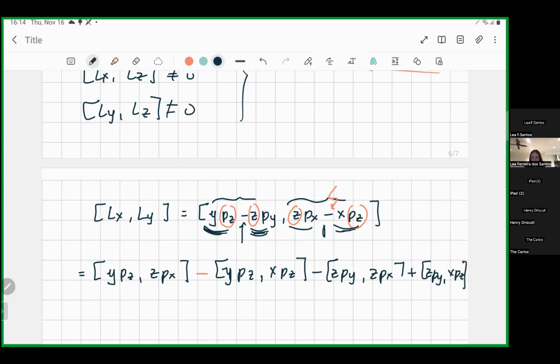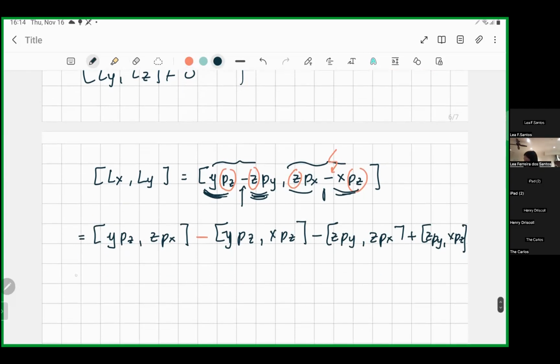Okay. All right. What do we get from here? Also from chapter 3, there was a property of the commutator that you verified, that if you have [A, BC] like that, you can write it as B[A, C] plus [A, B]C. Remember this.